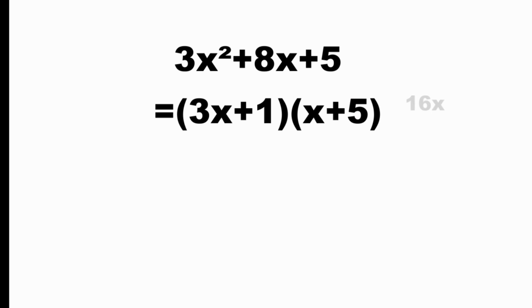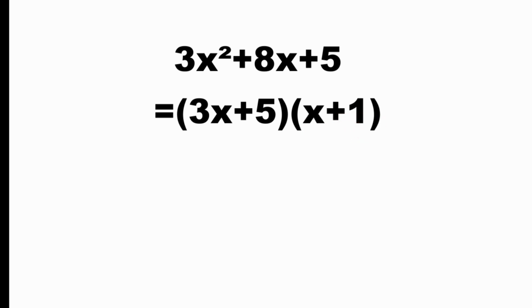So this is not the right arrangement of the numbers. Let's try interchanging. So we have the quantity 3x plus 5 times the quantity x plus 1.